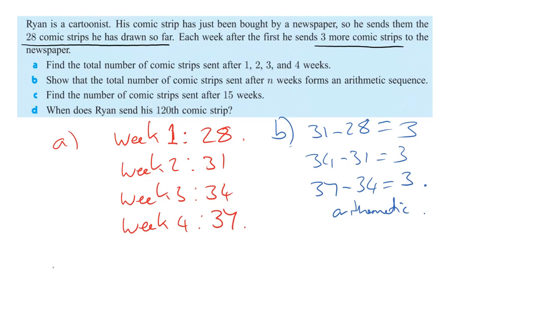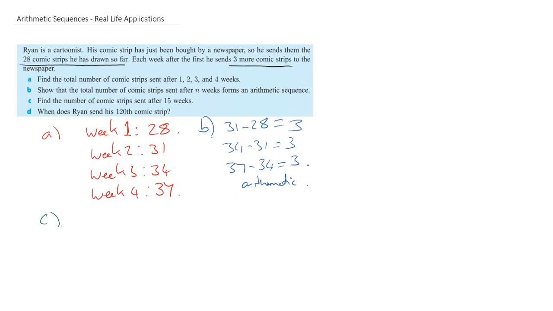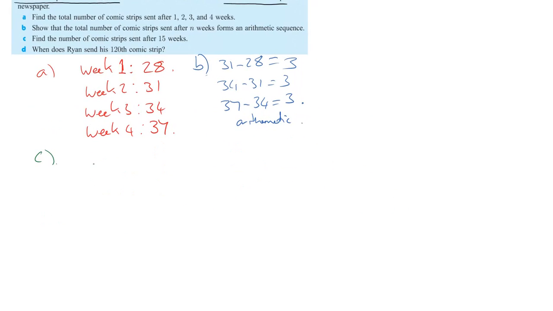Let's do part C. Find the number of comic strips sent after 15 weeks. Now, it's not saying it explicitly, but what we have to do here is find a formula, don't we? So we're going to use our general arithmetic sequence formula: un equals u1 plus n minus 1 multiplied by d. Let's figure out what u1 is.